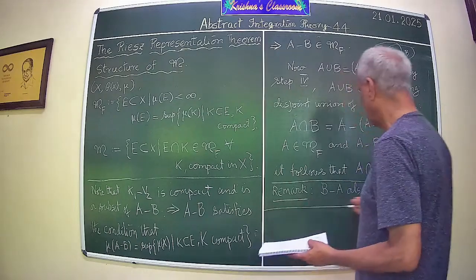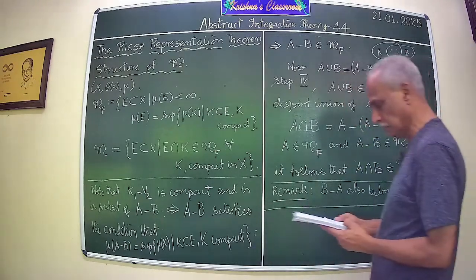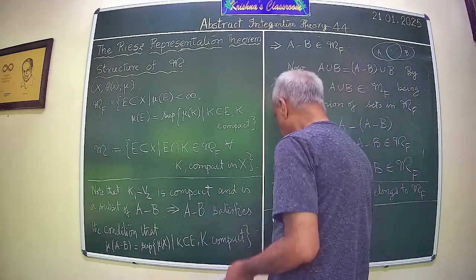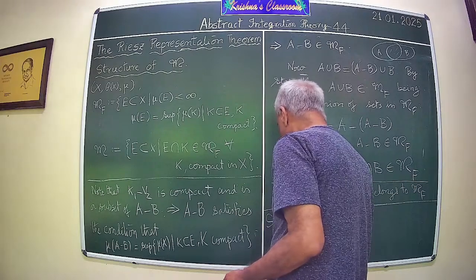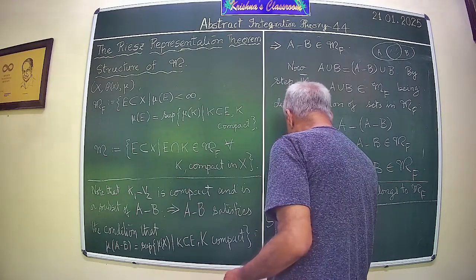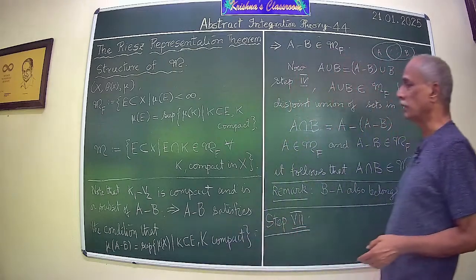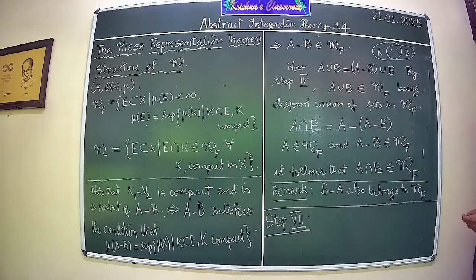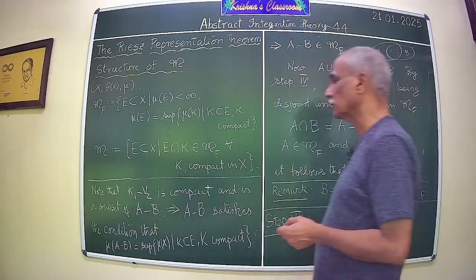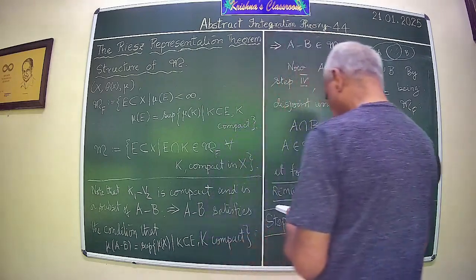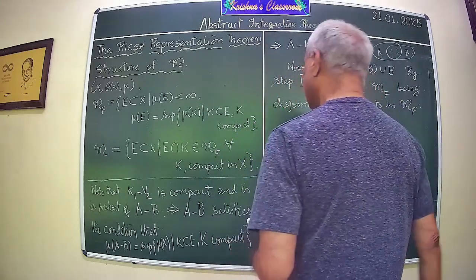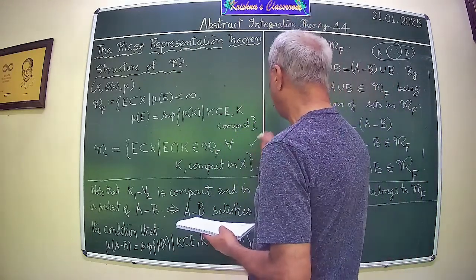Now we go to the next step. Step 7. Step 7 is that, recall M is given by this.